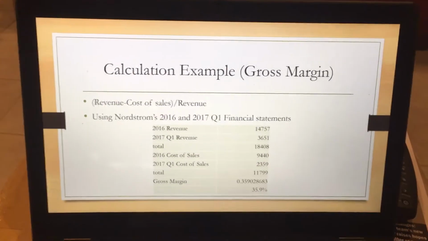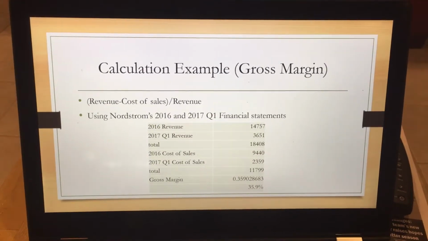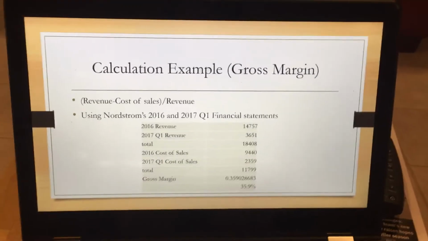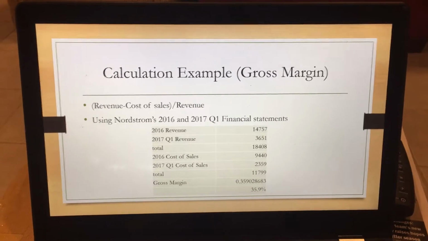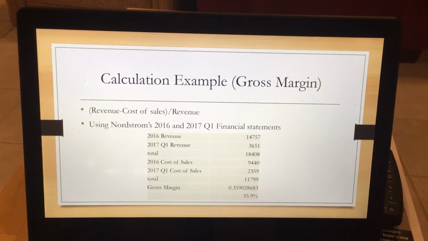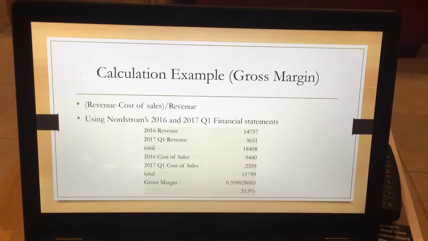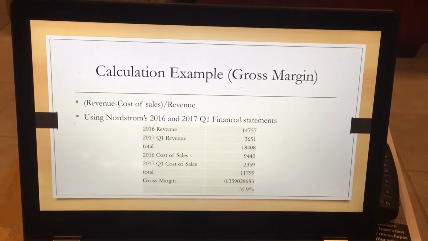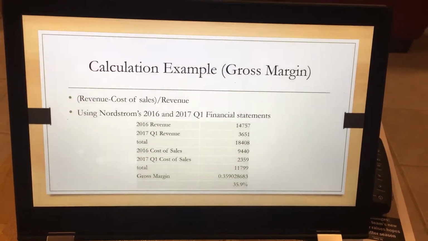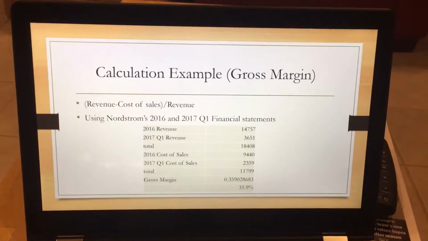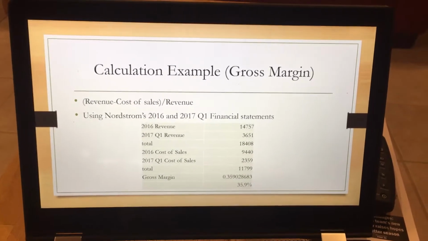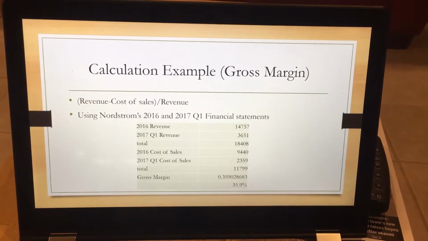Just a quick calculation example from one of the elements of the financial ratios box. I chose to show you the gross margin, which is revenue minus cost of sales divided by revenue. I added the total revenue from 2016 plus the quarter one revenue from 2017, then subtracted the total cost of sales from 2016 and the quarter one cost of sales from 2017.